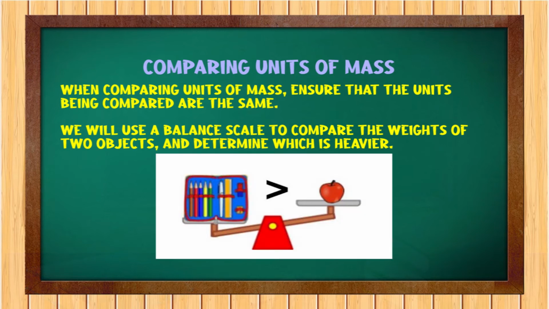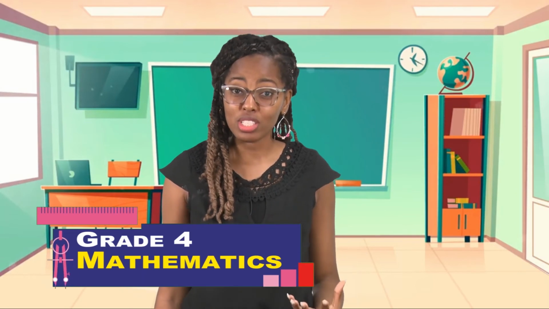Looking at the diagram, you would see the scale is lopsided. The part that is down weighs heavier than the part that is up, meaning the pencil case has more mass than the apple. And it's that simple, boys and girls.